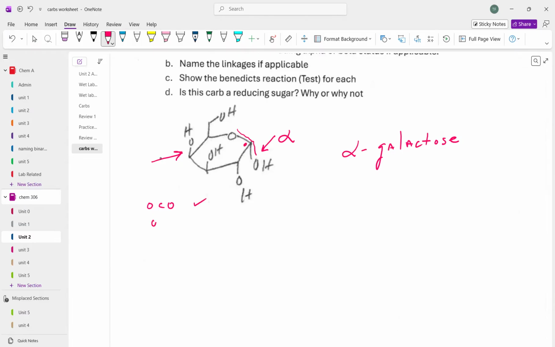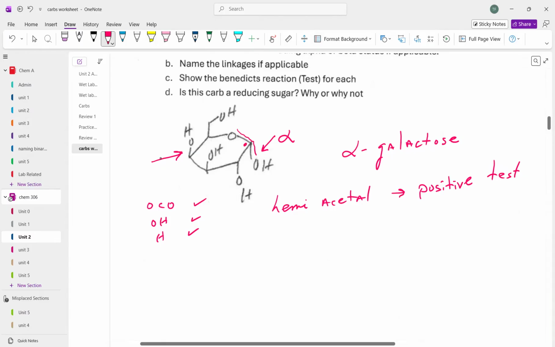It's got an OH group and it's got a hydrogen. So this is a hemiacetal. It will give a positive test, and if it's a positive test, it is a reducing sugar.